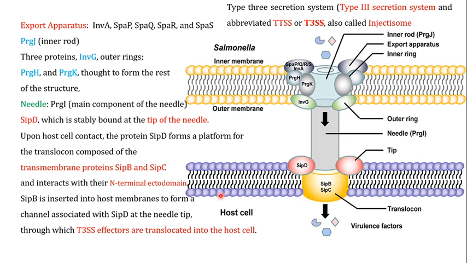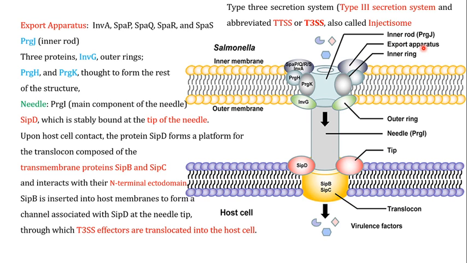Now, when you look at the structure of this type 3 secretion system, it is made up of a variety of proteins. The first component is known as the export apparatus, as you can see over here, that is present on the inner membrane side of the Salmonella typhi.